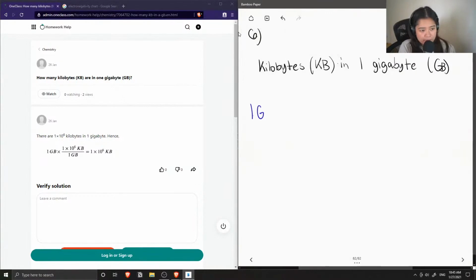In 1 gigabyte, there are 1,000,000 kilobytes in 1 gigabyte.